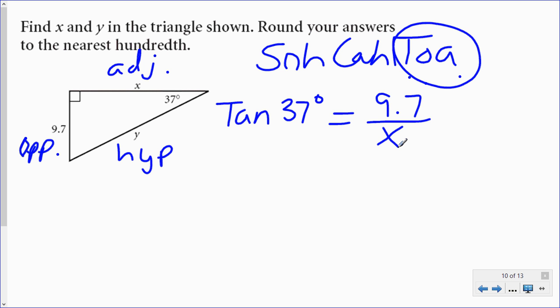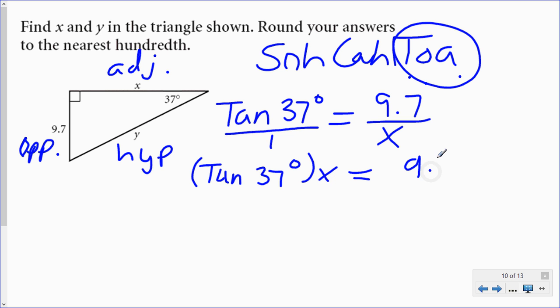To solve for x here, you can look at this like a proportion, like if I put a 1 under tangent of 37 degrees, and you could cross multiply. So if we cross multiply, we're going to get tangent of 37 degrees times x equals 9.7. And then to undo the multiplication, we would just divide by tangent of 37 degrees.